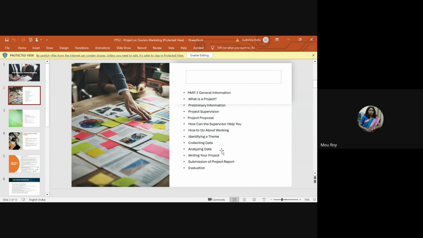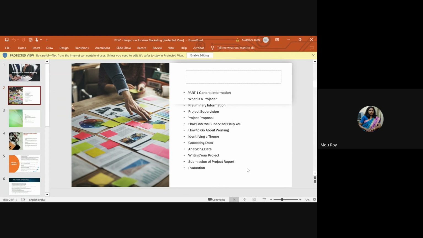Now, first thing is, what is a project? When we talk about a project, it's about what preliminary information you need to gather.